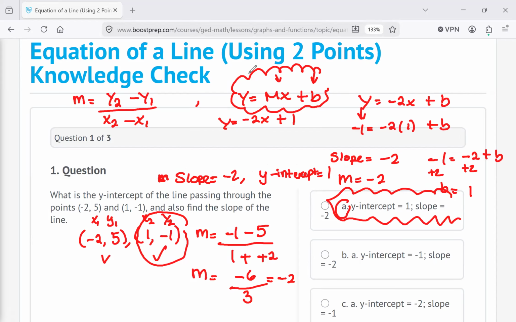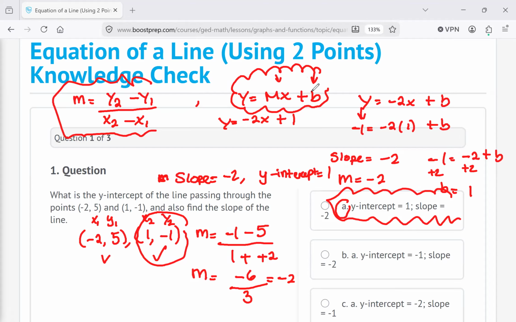Okay, so a recap of what I did. I had to use two formulas, this formula and this formula. First I found the slope by using the slope formula, plugging in the points, and I got a slope of -2. Then I had to find the y-intercept using y equals -2x plus b.